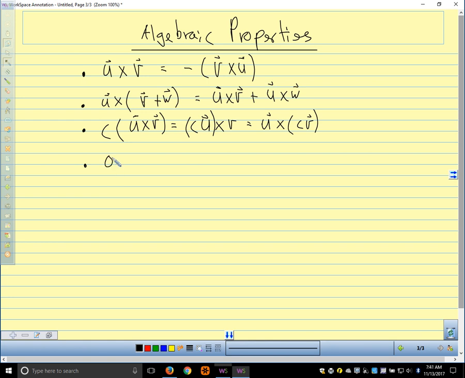The zero vector crossed with any vector is the zero vector. Cross product is a vector. Any vector crossed with itself is the zero vector.